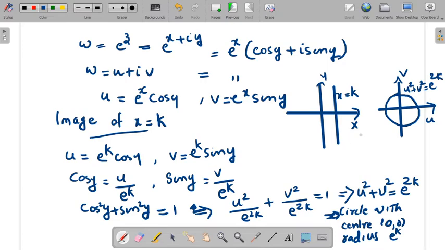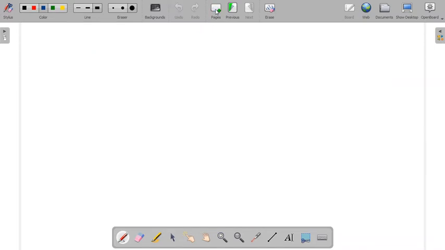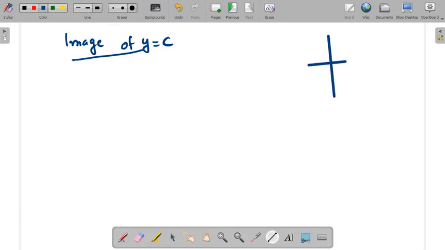Now let us find the image of a line parallel to the x-axis, that is, the image of the line y equal to c. So we again take the z plane and w plane, and we are considering the line y equal to c, a line parallel to the x-axis.